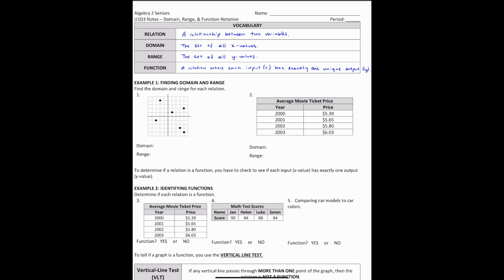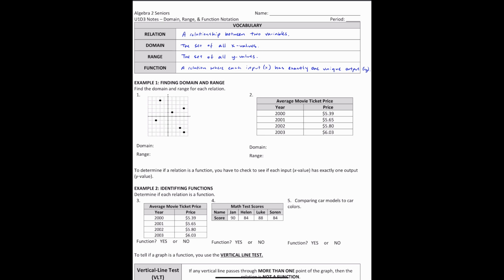So what this is trying to say here is that let's say you have an x value of 2 and it's paired with the y value 3. So your ordered pair is 2 comma 3, but if 2, that same x value, is mapped with another y value, let's say 7, then you have an ordered pair of 2 comma 7.